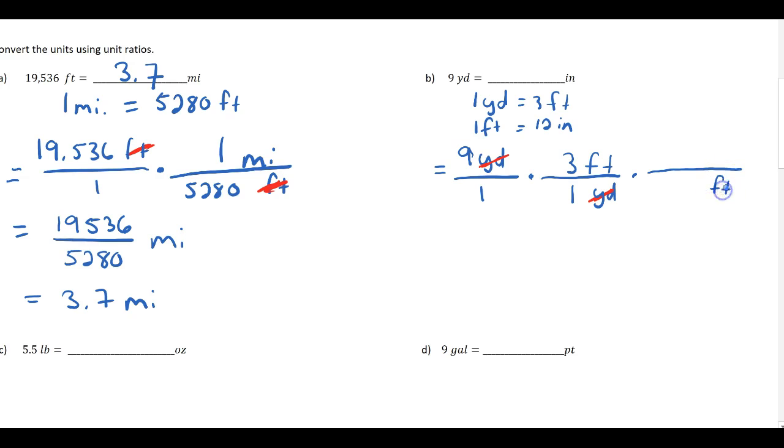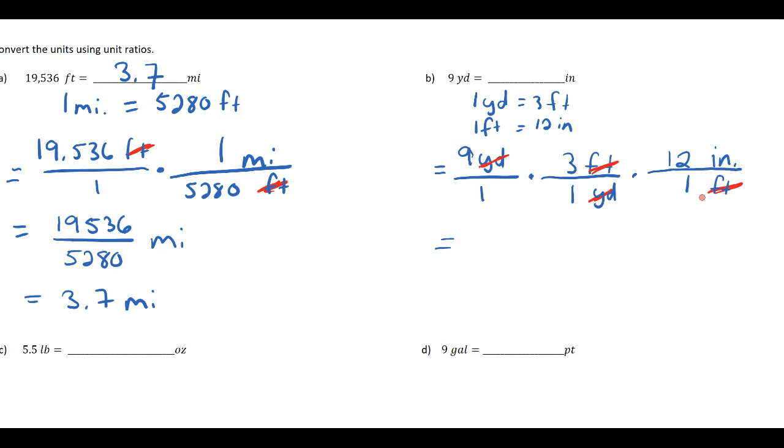I'm going to put feet on the denominator so that they're opposite, and I'll put inches on the numerator. So I've got 1 foot, and that should be 12 inches. That allows me to cancel out the units of feet, leaving me only with inches.